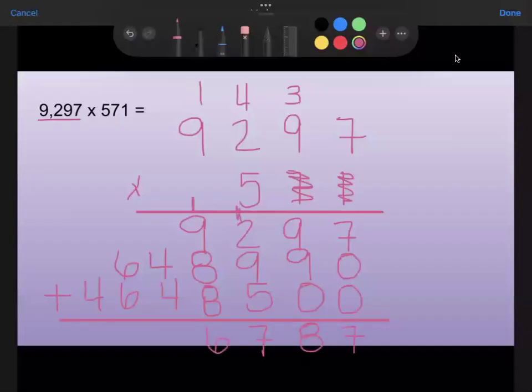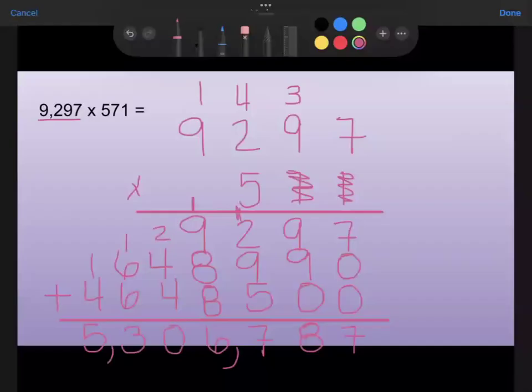Ooh, that's a big one. There we go. We got to regroup a 2. 8 plus 8 is 4, plus 2 would be 10. 6 plus 6 is 12, plus 1 more is 13. And we get a 5 here. So got to add those commas in. This answer here is 5,306,787. That's a big one.